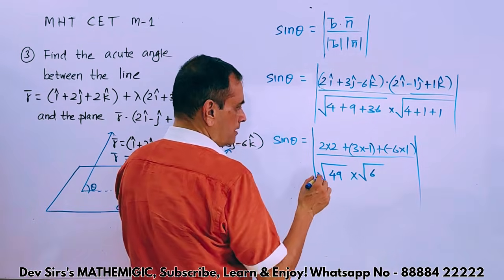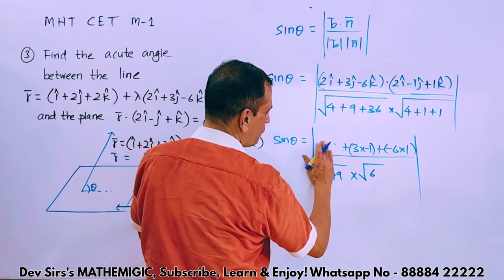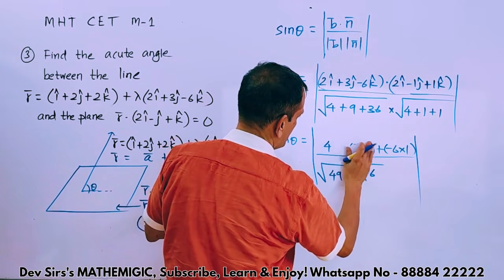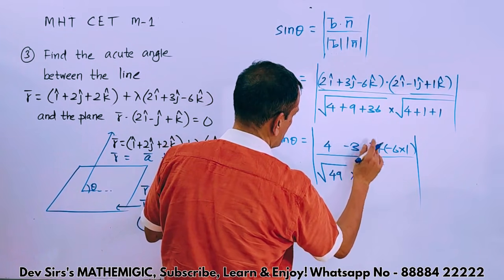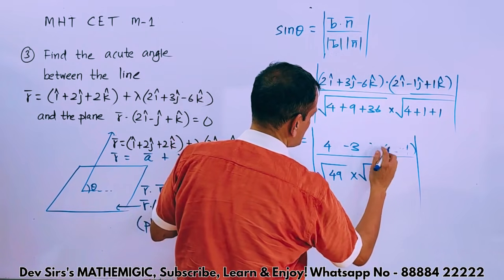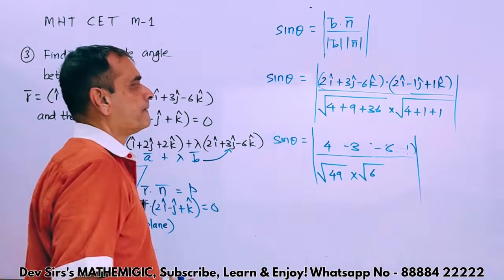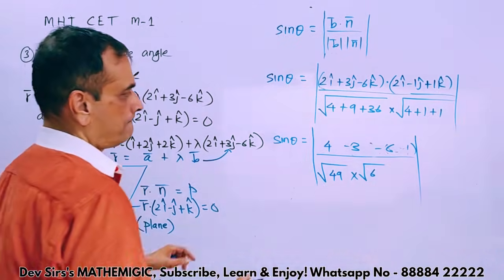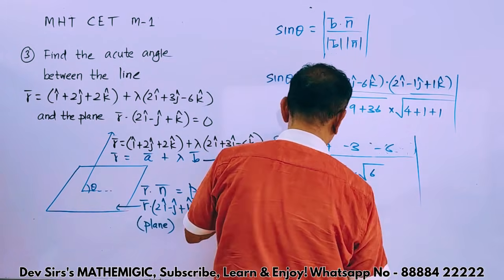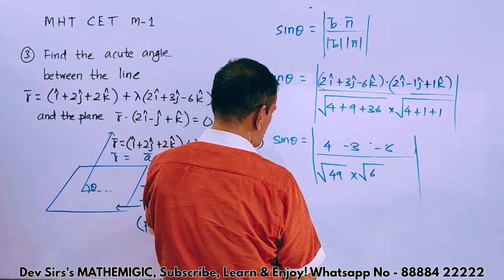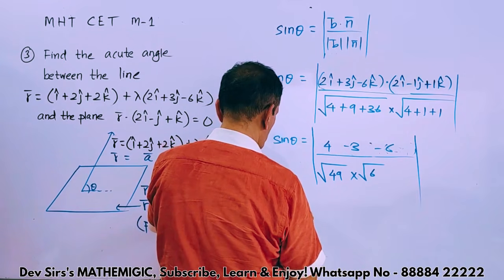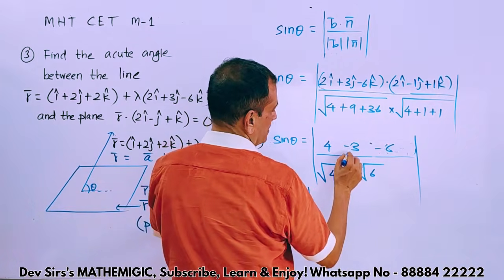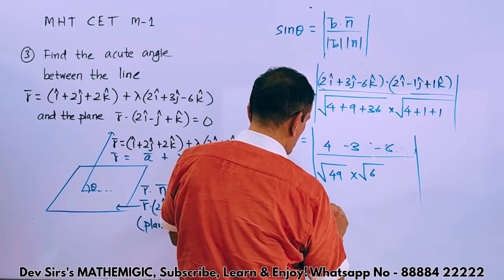So, shall I calculate here? 2 2s are 4. 3 into minus 1 is minus 3. Minus 6 into 1 is minus 6. That gives you 4 minus 3 is 1. 1 minus 6 is minus 5.